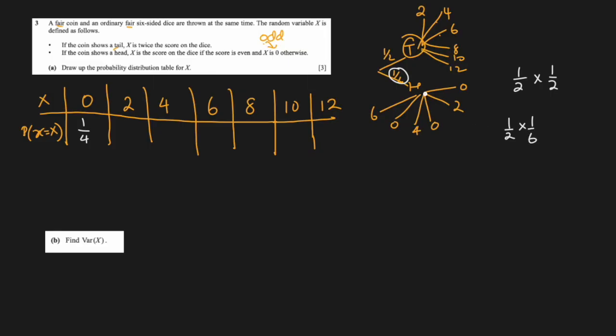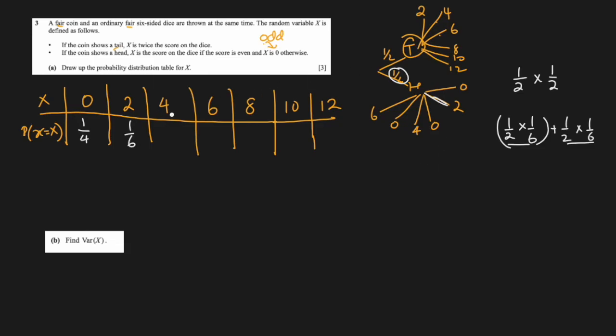Probability of this 2 is 1/6 out of all of them. Or, we can get a tail and we're getting a 2 here again, 1/6. So that becomes 1/12 plus 1/12, which is 1/6.